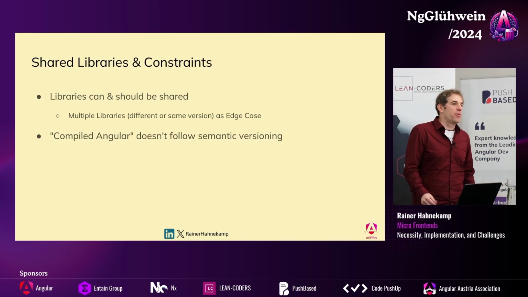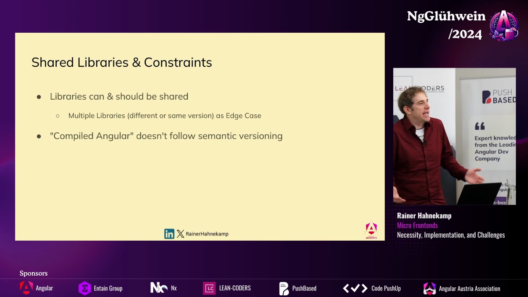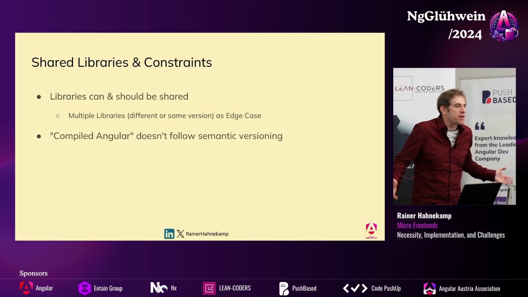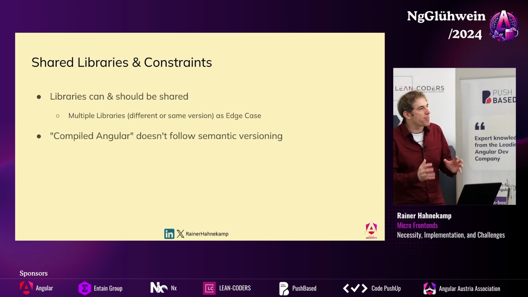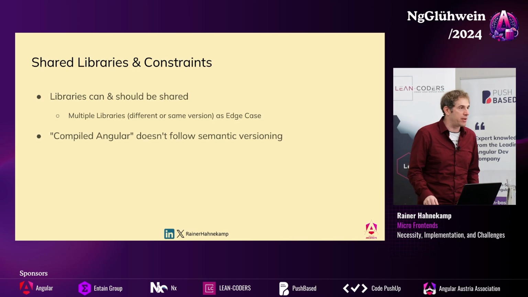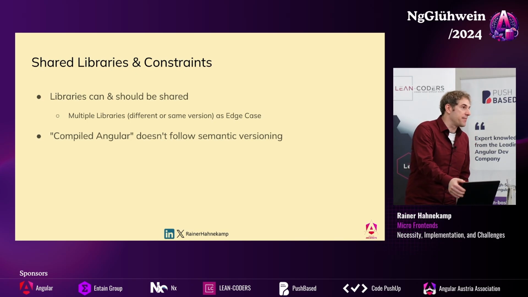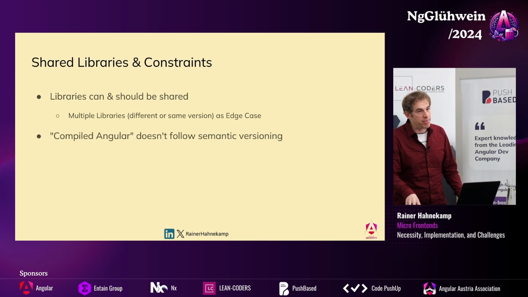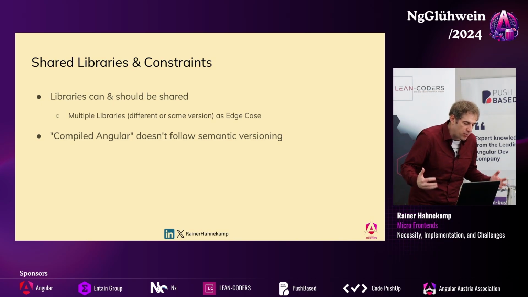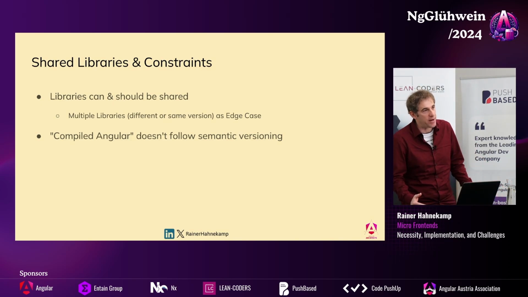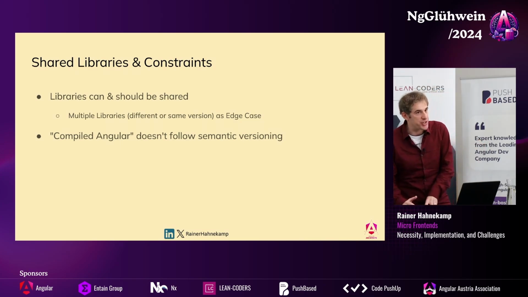So in a way, we could say, well, then I can just mix all my Angular versions. Why not? This should be possible. But the problem is the commands that you see in your source code are not the ones that you are then running in the browser once it's compiled. And Angular says the API used in the compiled bundle is not a public API, so there is no necessity for us to follow semantic versioning.